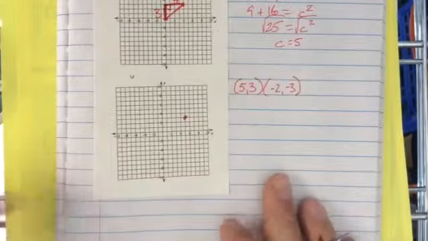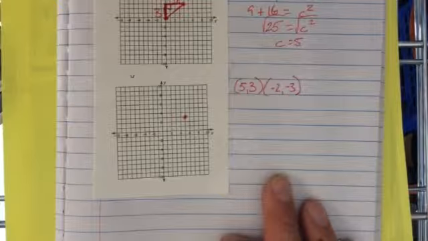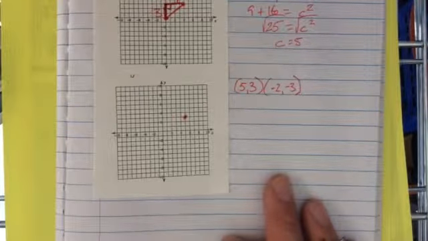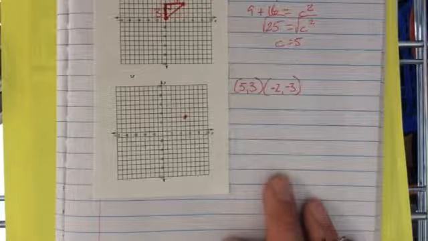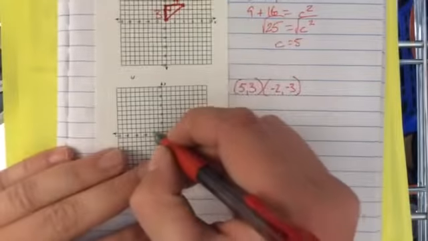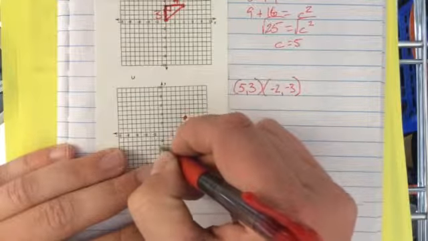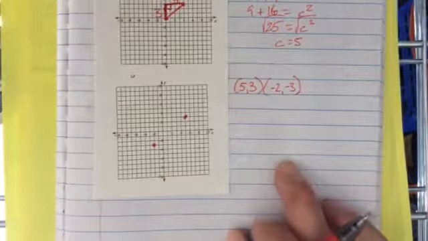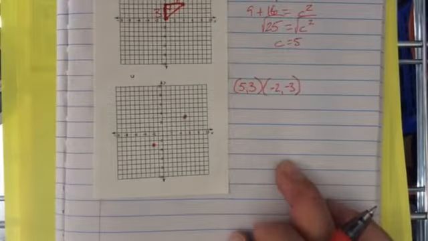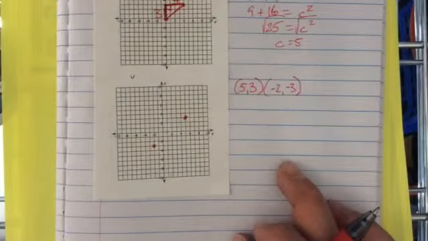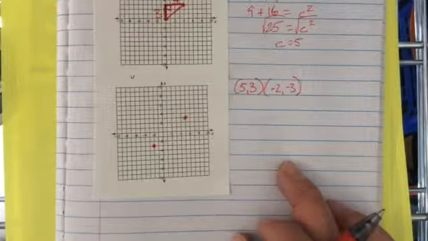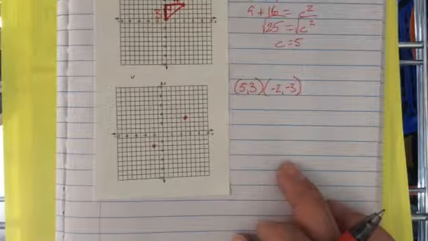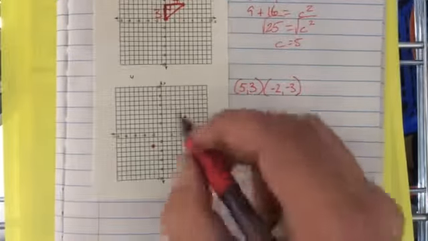So we plot that point. For our second point, -2, -3, we go left 2 and down 3. If you have trouble drawing a straight line, you can use your ID cards. That's a straight edge. So we connect our line.